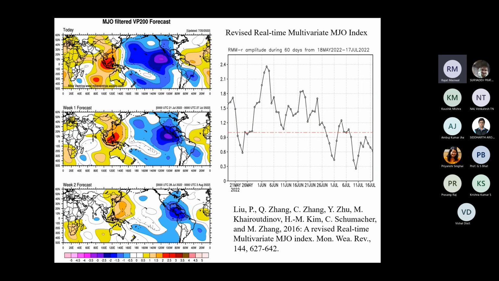Now let's look at the MJO status from Mike Winter's website. You can see that the MJO is somewhere here. The main part is not very strong. It's very weak. So the effect over India is almost nothing, neutral. For India, there is neither upper level divergence nor convergence.